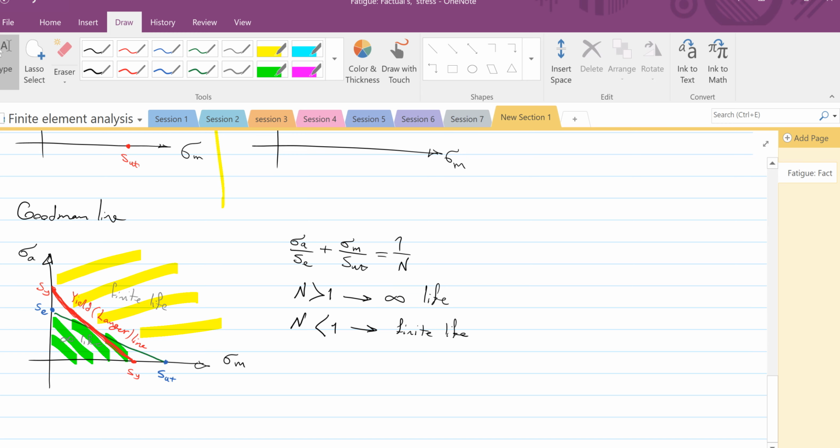So ANSYS can do this calculation for us. As you can see, you need to have all the stresses like ultimate stress, alternating stress, mid-range stress, SE, to be able to calculate this N number and show us the cycles, how many cycles we can have before reaching failure.